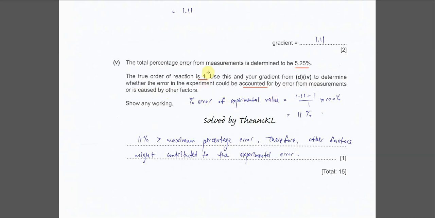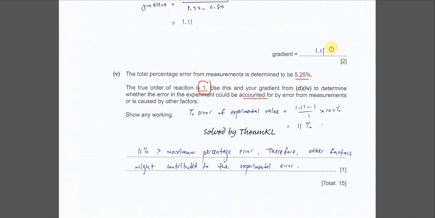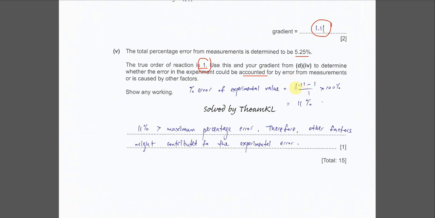It's given that the theoretical value is 1. What we get is 1.11. So use the experiment result minus the theory, and after that over the theory times 100%. The percentage error of the experiment value is actually 11%, which is larger than the one that is given. The total percentage error given is 5.25%, so now we have an extra error.